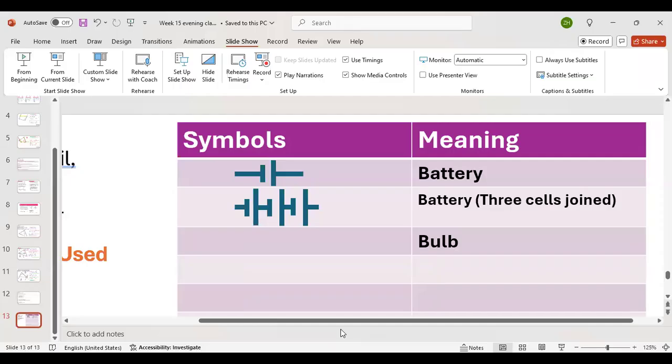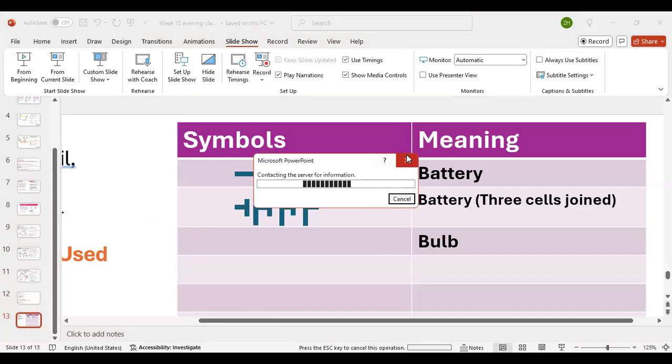the symbol for the bulb is going to be, okay. So we're gonna have to basically draw a line. There's different ways we could do the bulb. Some diagrams or some books have it like this. There's 2 ways you could do it at least.